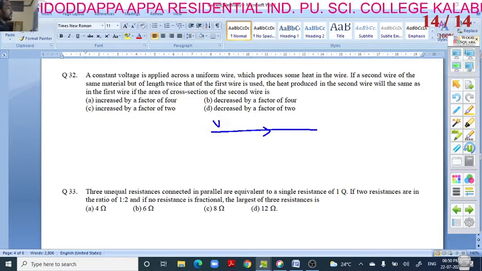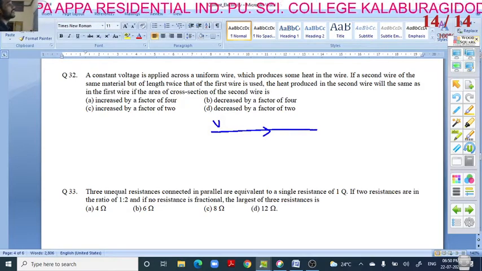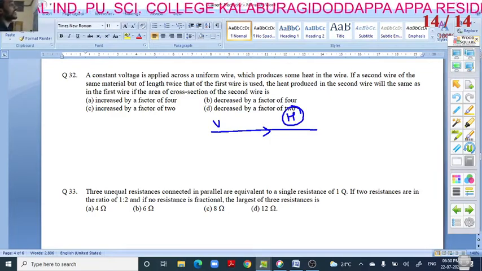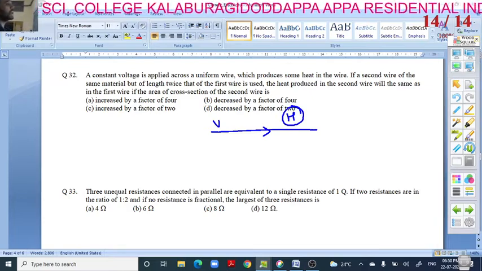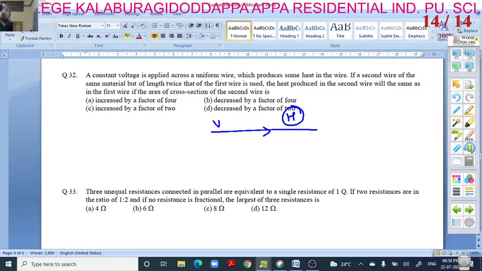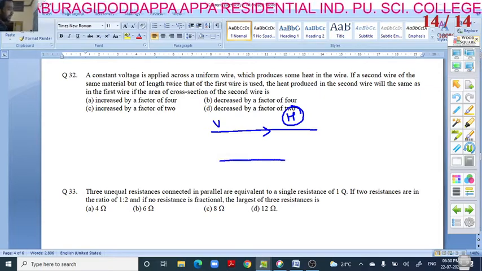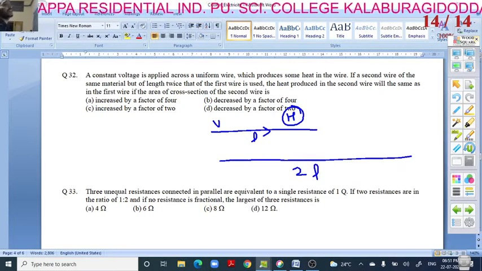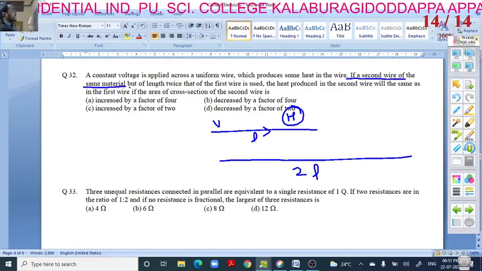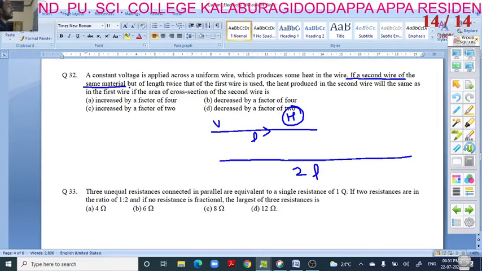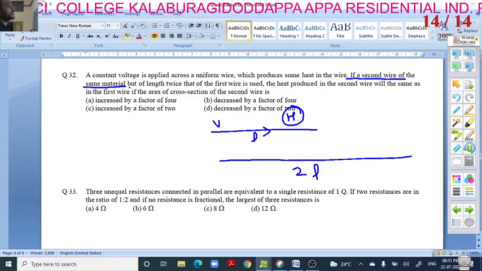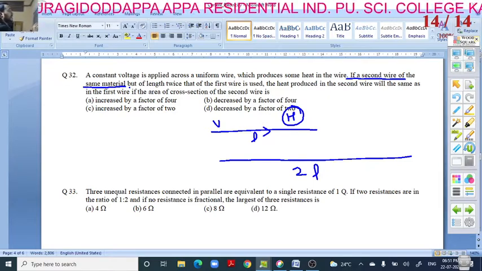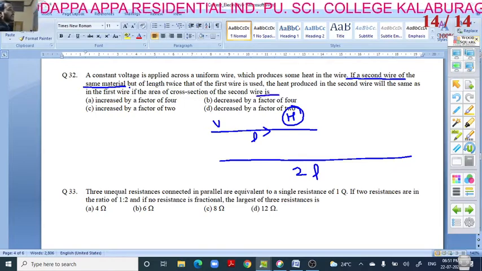Constant voltage is applied across a uniform wire which produces some amount of heat, denoted by H. If a second wire of the same material but length twice, let us assume this is L, this is 2L, is used, the heat produced in the second wire will be the same as in the first wire if the area of cross section of the second wire is.